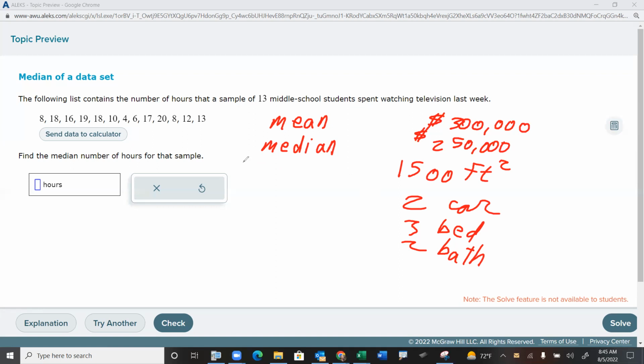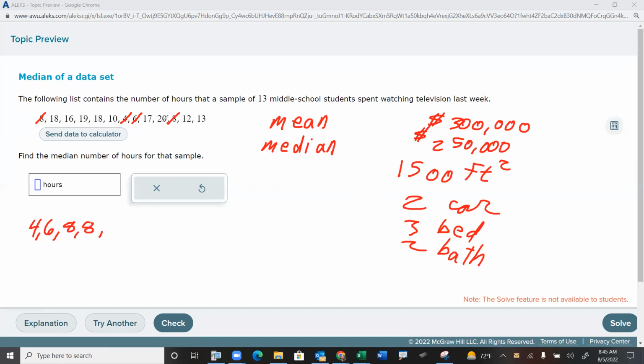So to get the median, you put all of your numbers in order, smallest to biggest, or vice versa. Okay. And so we'd say, all right, smallest number is a 4. Next biggest is a 6. And what else we got? So we got a couple of 8s.